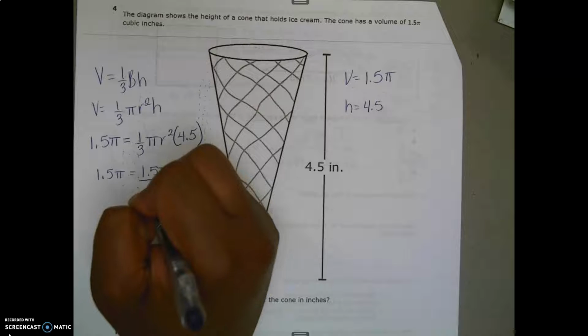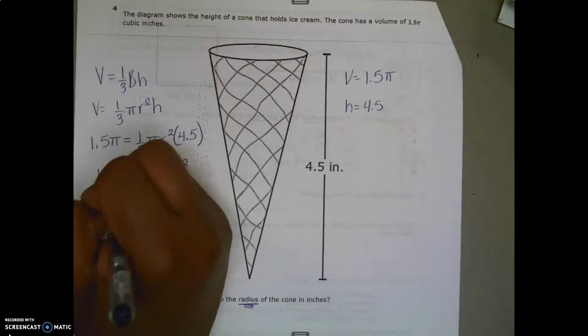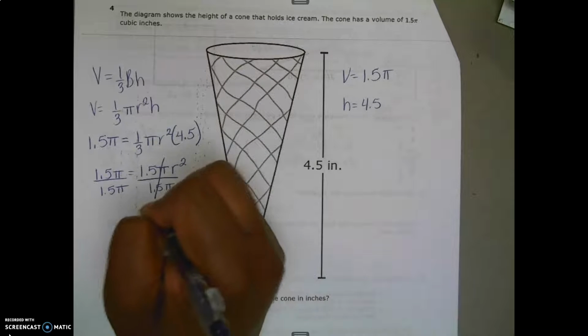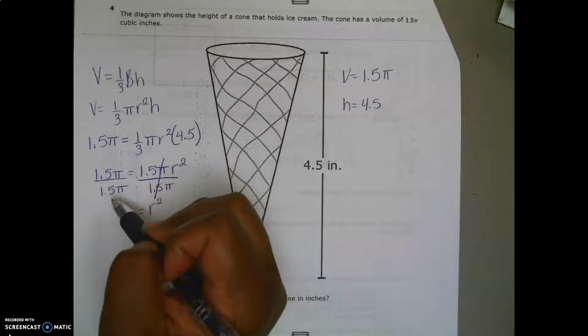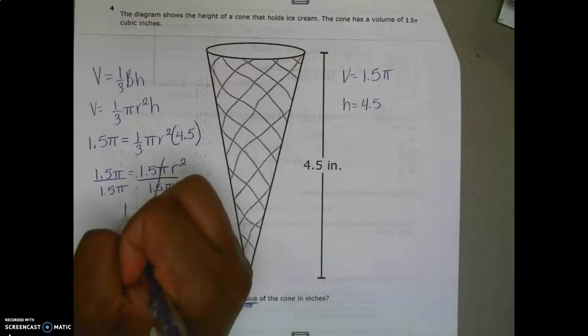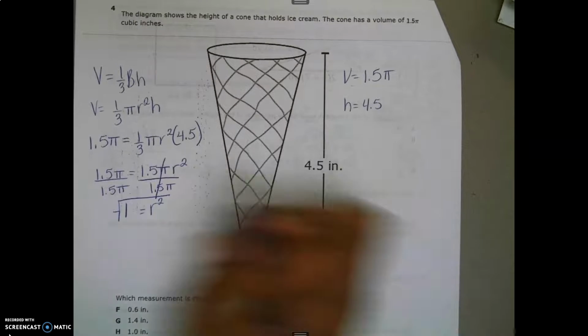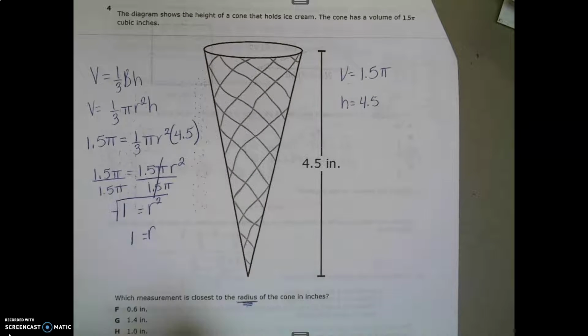Our coefficient is 1.5 pi. This cancels. Radius squared is equal to 1.5 pi divided by 1.5 pi, which is 1. Now, normally you would find the square root because that's our squared. Radius is equal to 1.